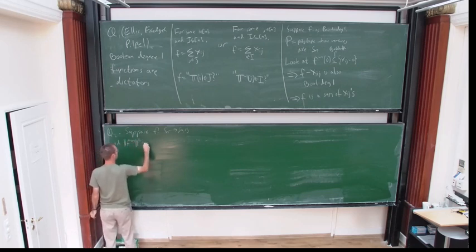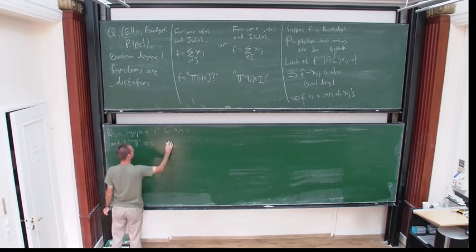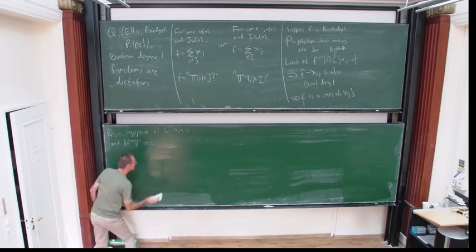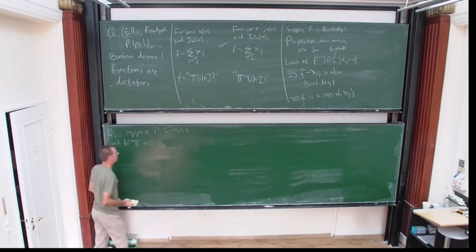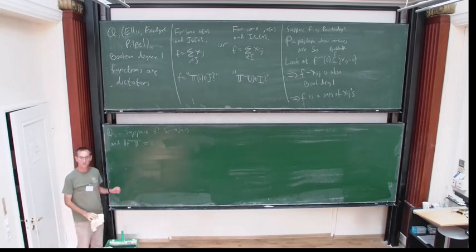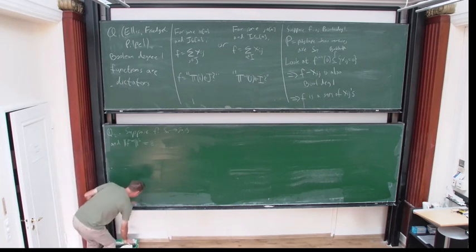Which again means that it's close to some degree 1 function, and we even know how to get this degree 1 function. Let's say starting at the canonical representation, we just remove everything beyond degree 1.